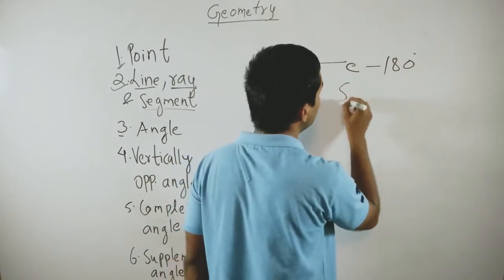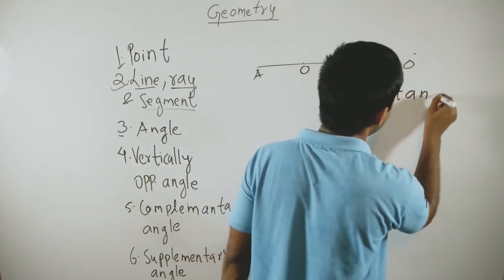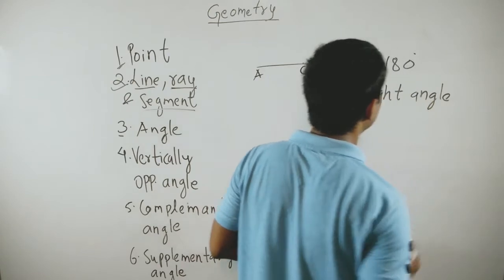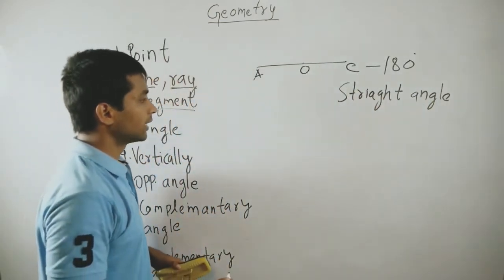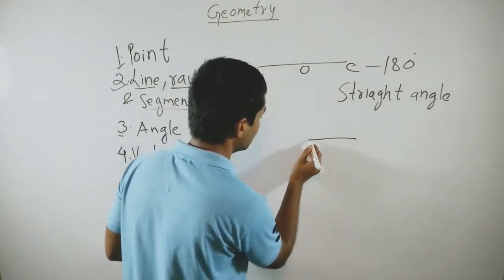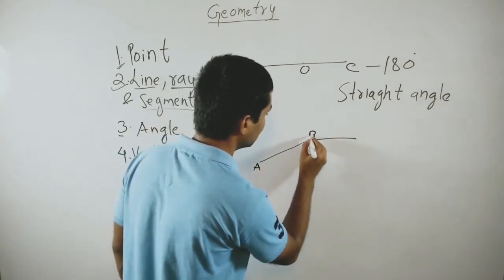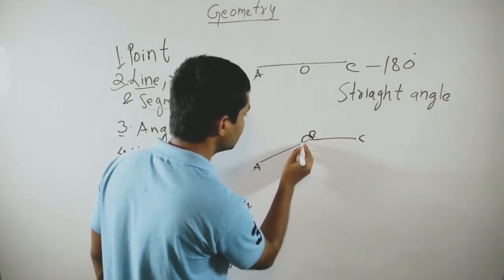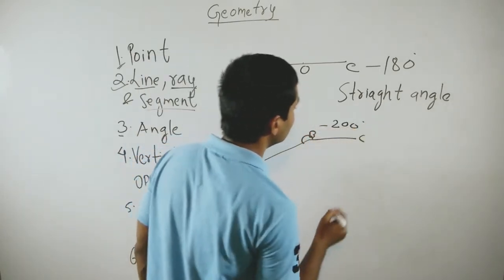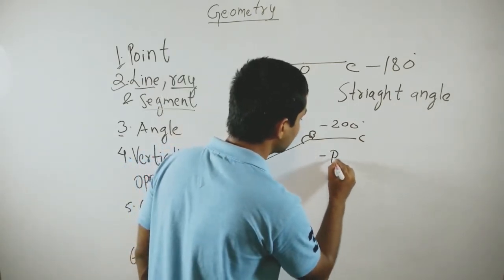And this is called a straight angle. And the one greater than 180 degrees, suppose this one, let's assume this is 200 degrees, this one is called a reflex angle.